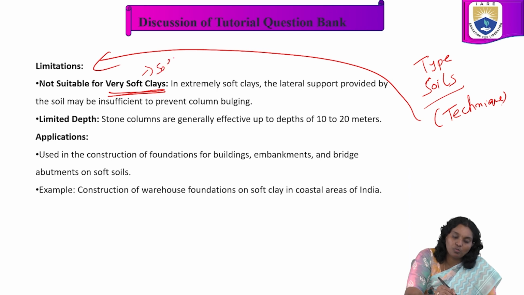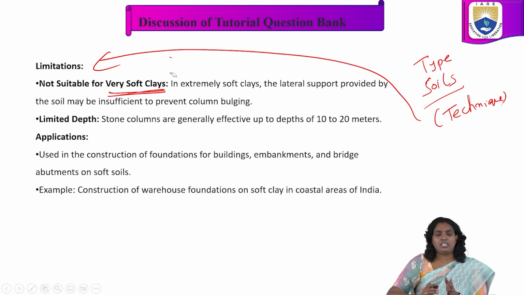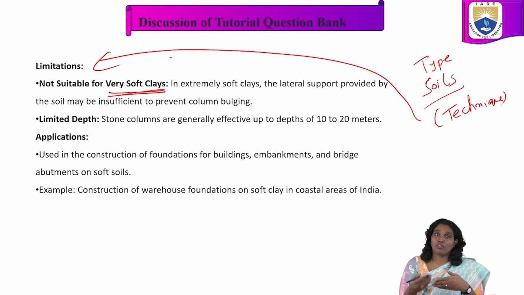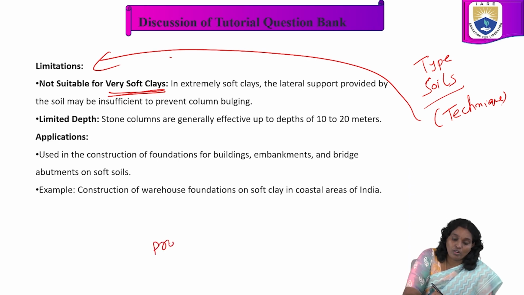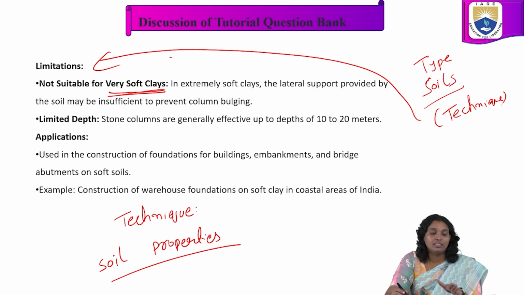Here it is not suitable from the stone column point of view. It may not be suitable for all types of soils, or for increasing all sorts of properties, it is not going to impact all kinds of soil properties. We may highlight that for the particular technique. Here that is soft soil.